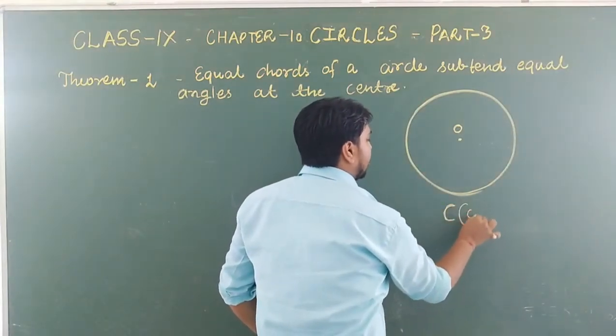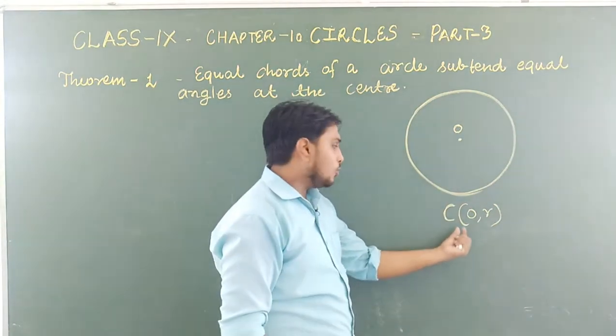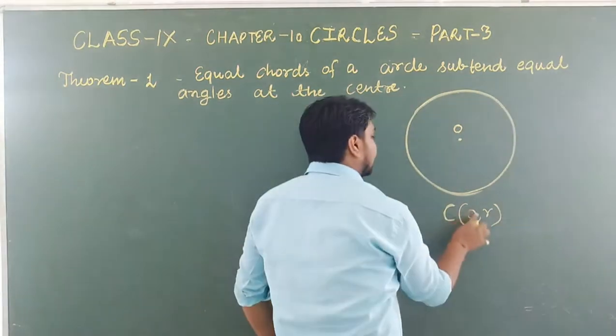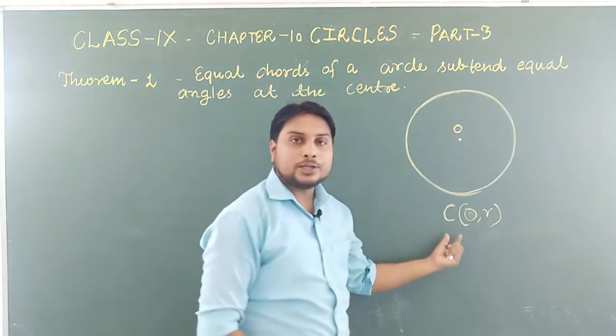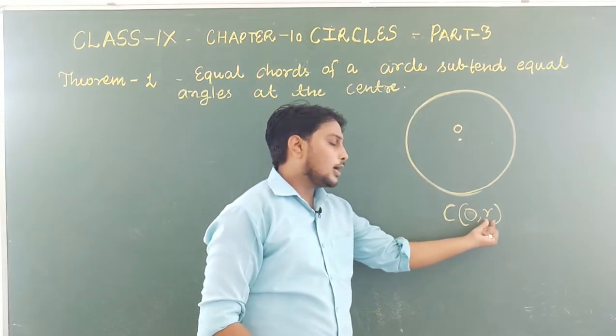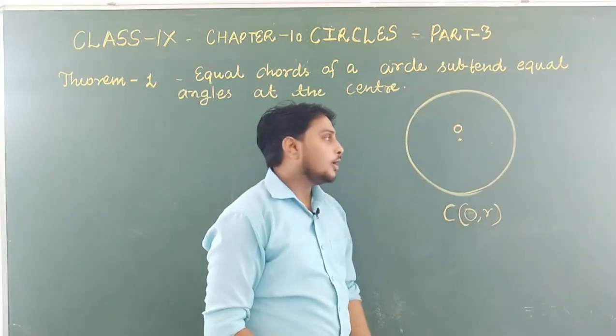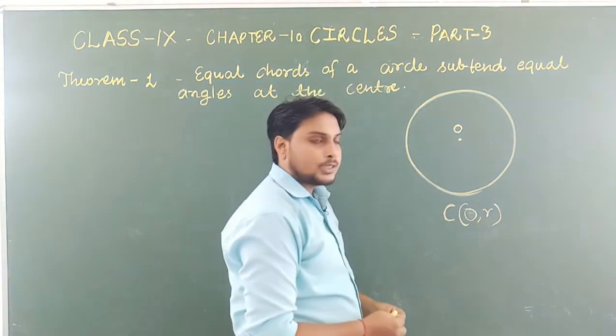C(O, R), with capital O. How do we read this notation? Circle of center O and radius R. So students, this is the circle whose center is O and radius is R.